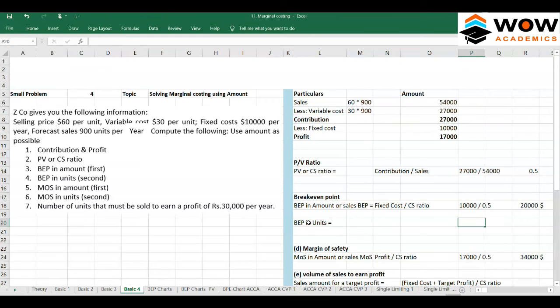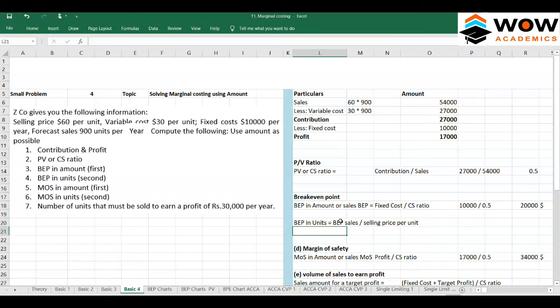So BEP in units, you can use fixed cost divided by contribution per unit. You can use that formula, or if you have already found out the BEP sales amount, you can just divide that sales amount by selling price per unit.